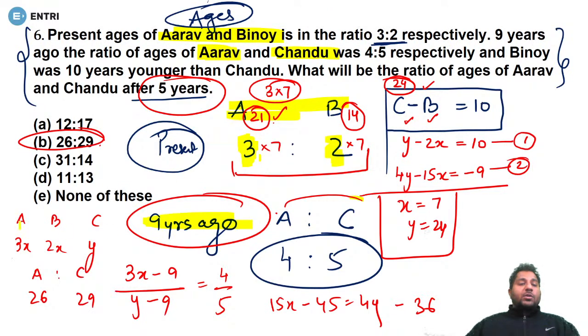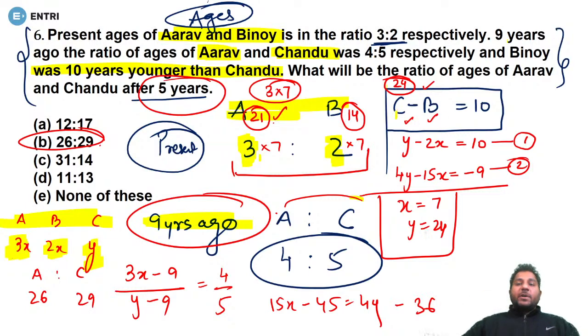So what we could do is suppose Arav, Binoy and Chandu's present ages as 3x, 2x and y. From this statement, Binoy was 10 years younger than Chandu. The difference between two persons will be constant in any era, whether we are talking about the present, past or future.